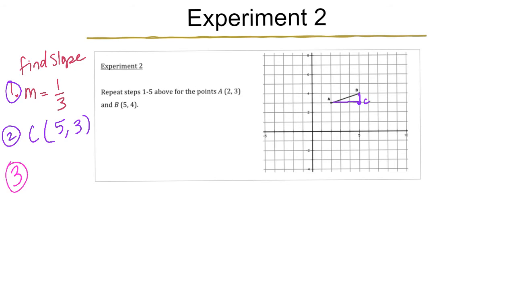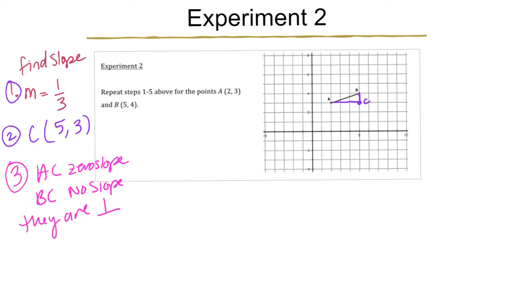Step 3 is to explain how you know it is a right triangle. So AC has 0 slope and BC has no slope, and they are perpendicular, which means a right angle. That was step 3.